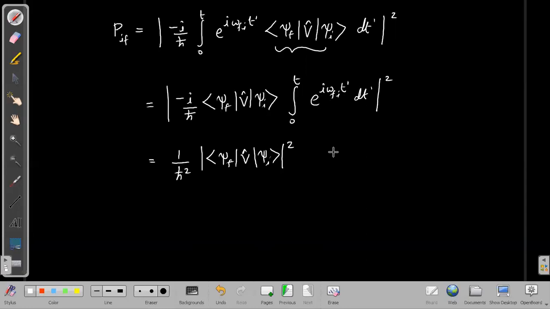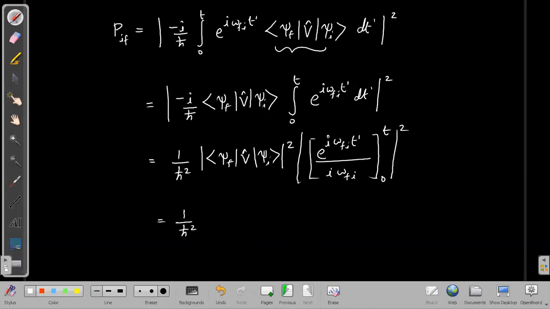If you integrate e raised to i omega_fi t prime, what you'll get is e raised to i omega_fi t prime divided by i omega_fi, and the limit would be 0 to t. Now there should be a mod square here, I forgot. So 1 by h bar square, modulus of psi f V psi i, mod square.